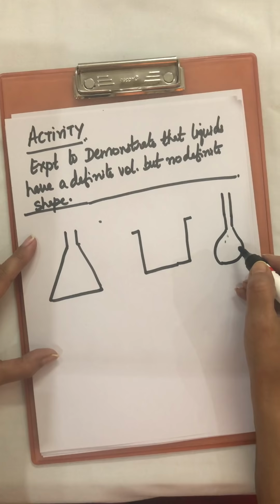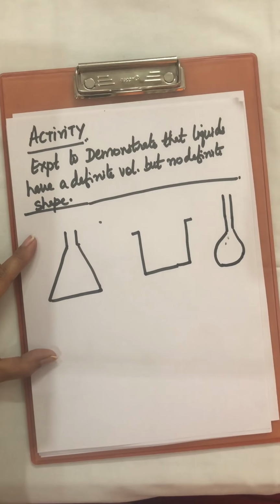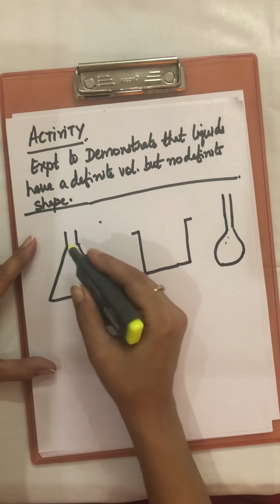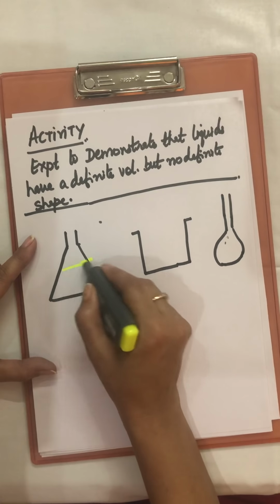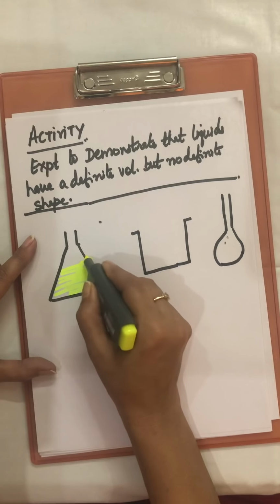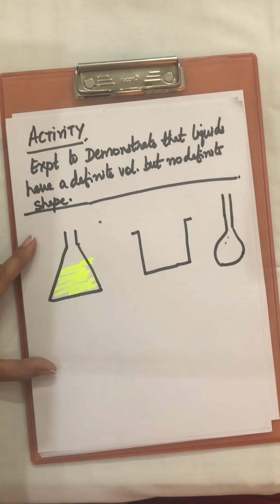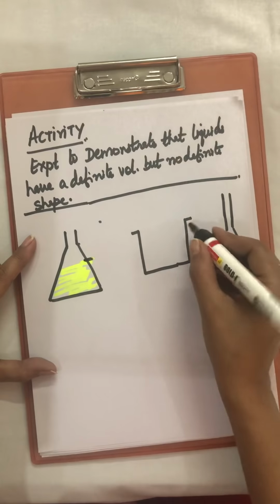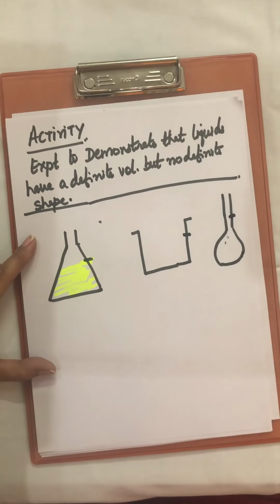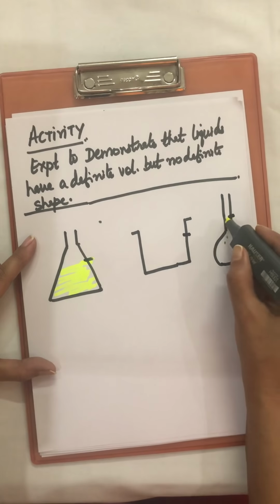And in these we are pouring 50 ml of water. After adding the 50 ml of water, we make a mark to show that the 50 ml of water fills up to this level. Even in this one we fill 50 ml of water and make a mark.